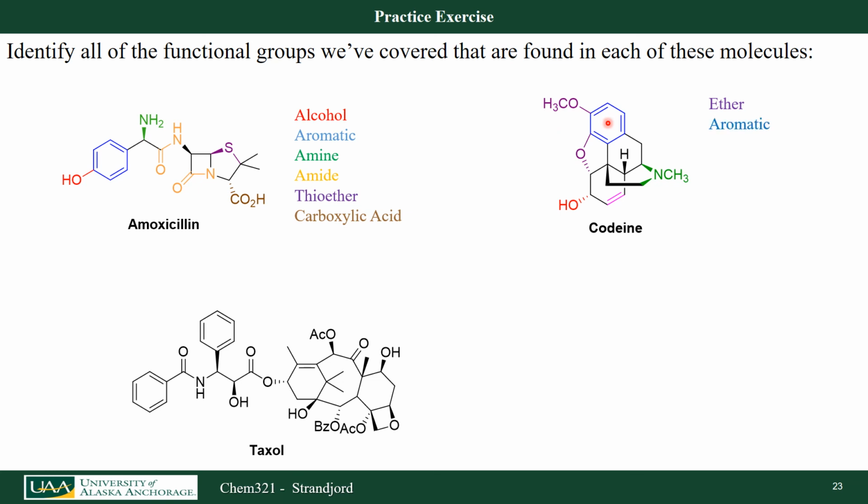Coming down here to the green, that's actually going to be a tertiary amine. I have a nitrogen with a carbon, carbon, and carbon. If I come down here to the pink color, that's just an alkene, a double bond. And finally, the hydroxyl group down here at the lower left-hand side, that's going to be an alcohol.